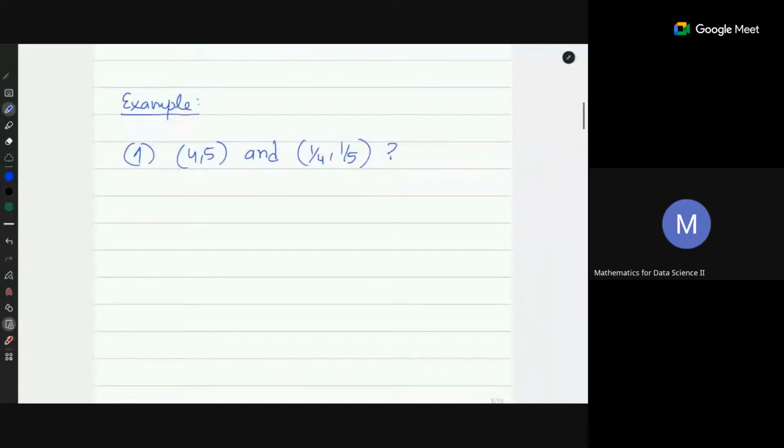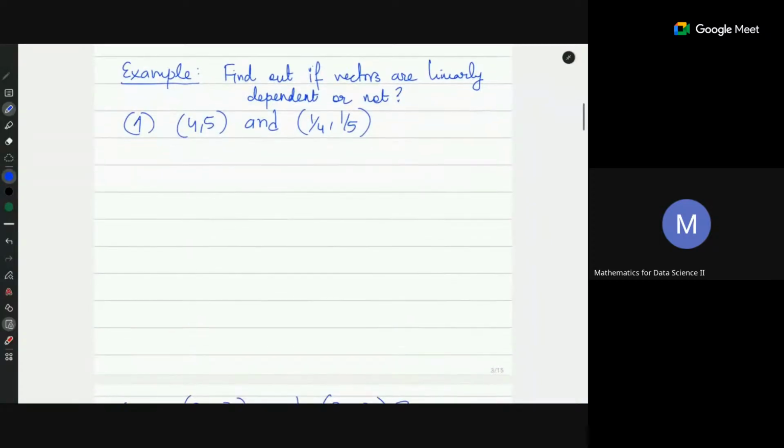So now the question is, find out if these two vectors are linearly dependent or not. All right, so let's look at this example: 4, 5, and 1 by 4, 1 by 5.